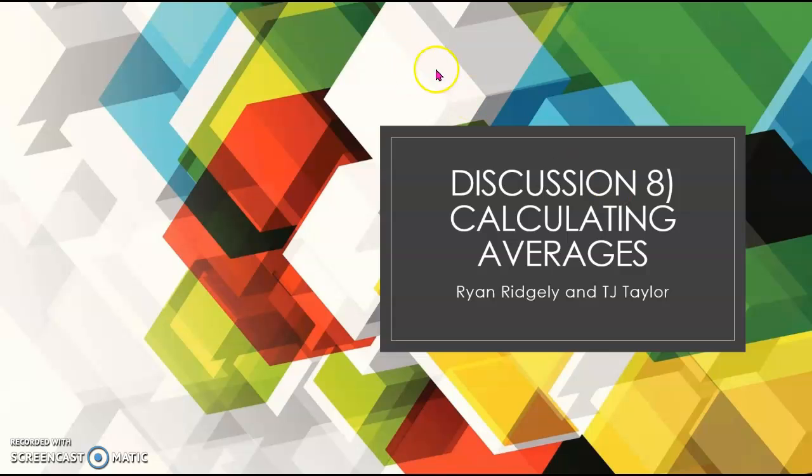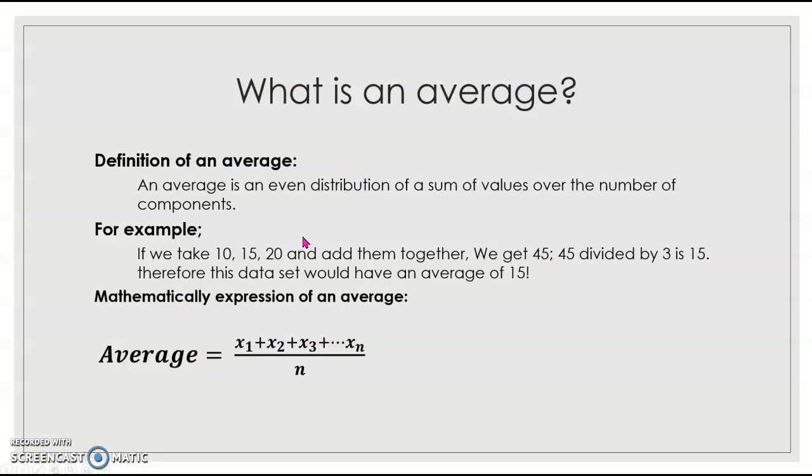Before we get into this, I just want to define what an average is. An average is basically an even distribution of the sum of values over the number of values. For example, if we take 3 components and add them together, in this case 10, 15, and 20, we get 45.